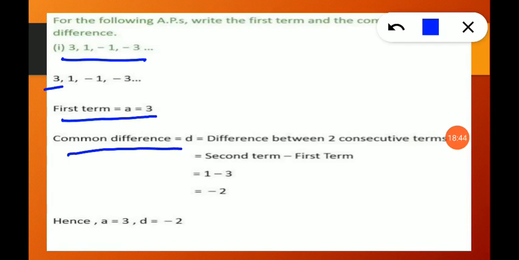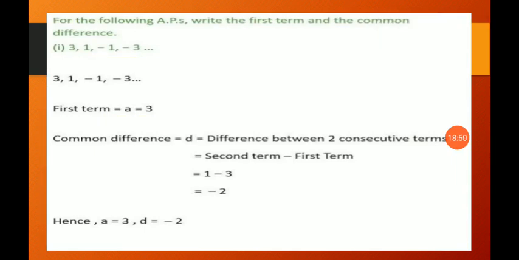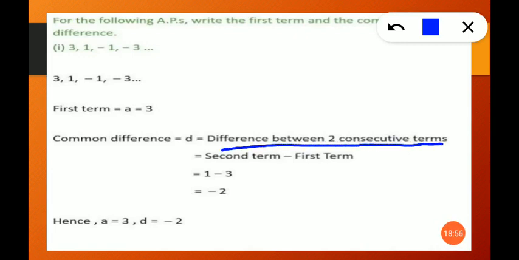Next we have to find the common difference. We already know that the common difference is the difference of two consecutive terms. So I have taken the second term minus the first term. The second term is 1, minus 3, gives -2.